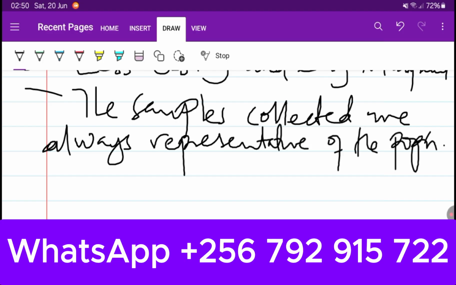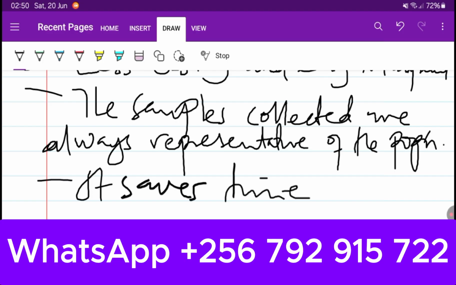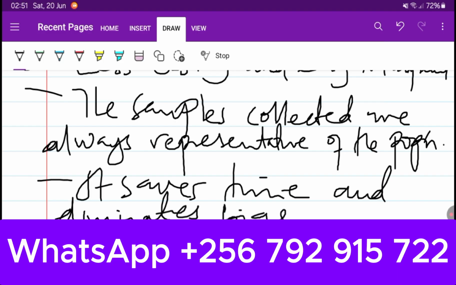Then it saves time and eliminates bias, or the bias could be for the researcher or for the other people.